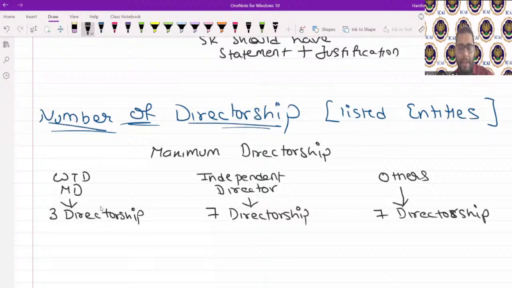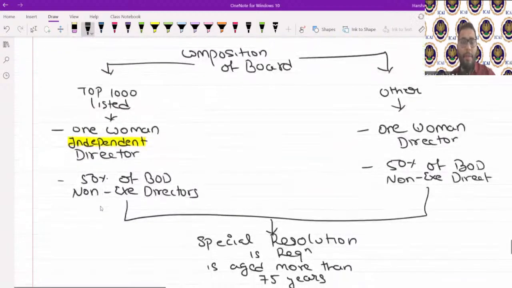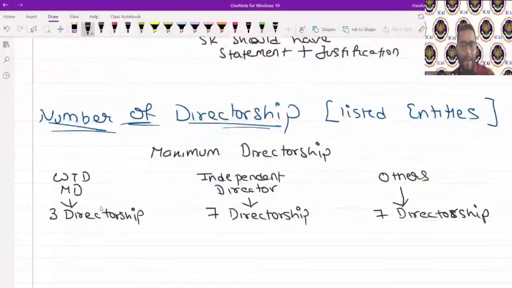So 3 directorships, this is how it should be. This was the composition of board and the number of directorships we were talking about.